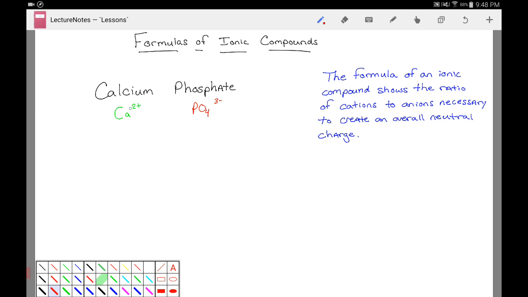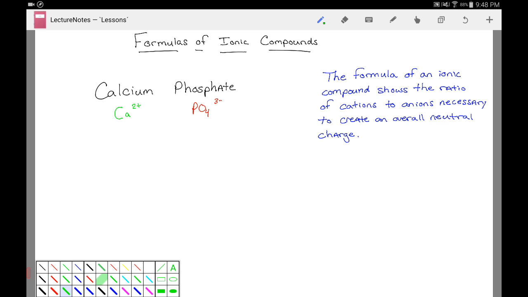So to make our 2+ and our 3- cancel each other out, we need to find a common multiple for those two numbers. Here with 3 and 2 we can go up to 6. And if we can get them both to be 6, so 6 positive and 6 negative, that means that they will balance each other out and we'll have a neutral charge.